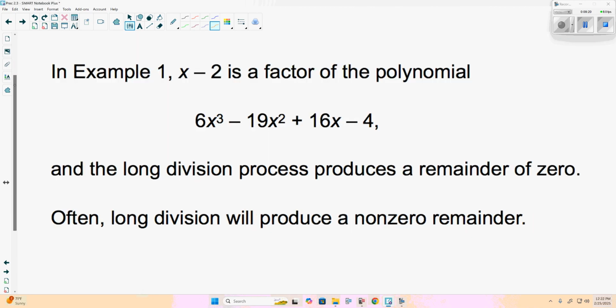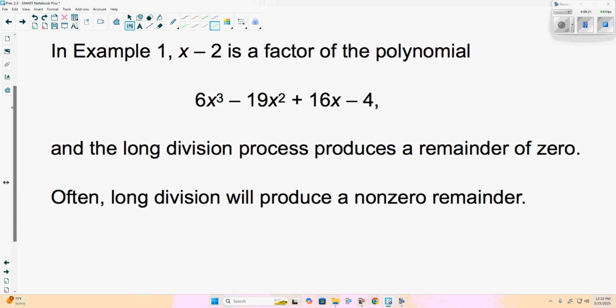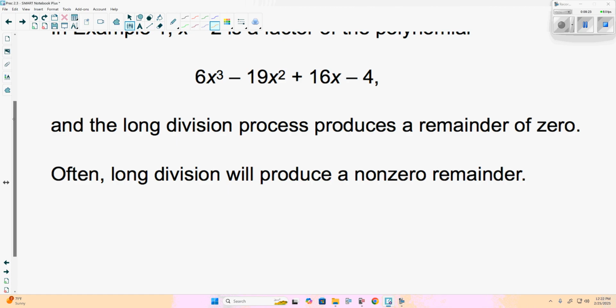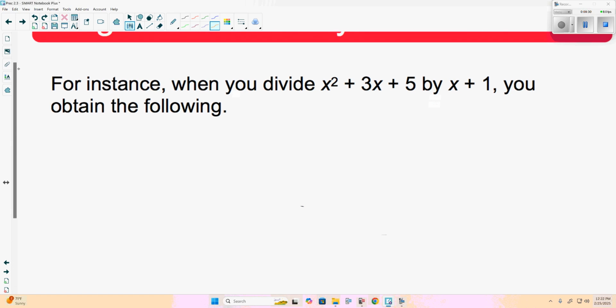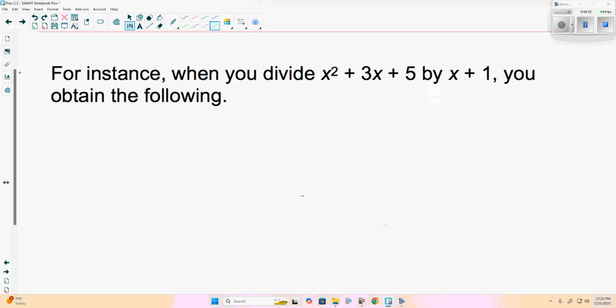In example 1, x minus 2 is a factor. This here is the long division process that produces a remainder of 0. Often we have a non-zero remainder, because if it doesn't give us a 0 as our remainder, it means it's not a factor, it's not a solution.